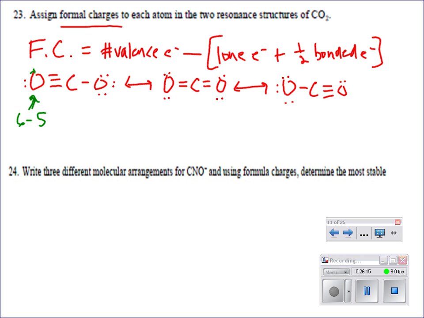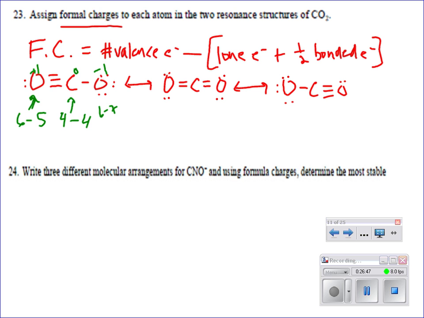So this has a formal charge of +1 on it. Carbon has how many valence? Any carbon? 4 minus 1, 2, 3, 4. 0. This oxygen, every oxygen has valence of 6 minus 1, 2, 3, 4, 5, 6, 7. So that's -1.